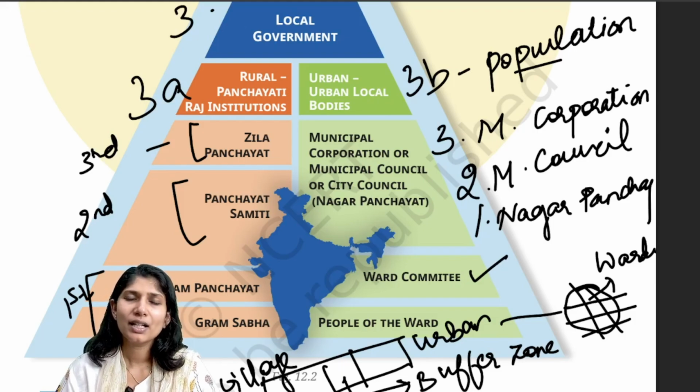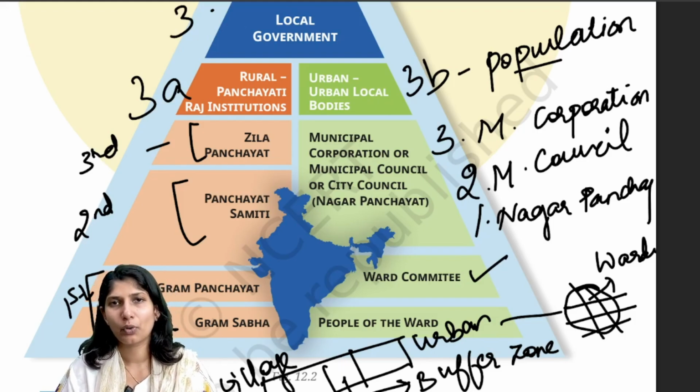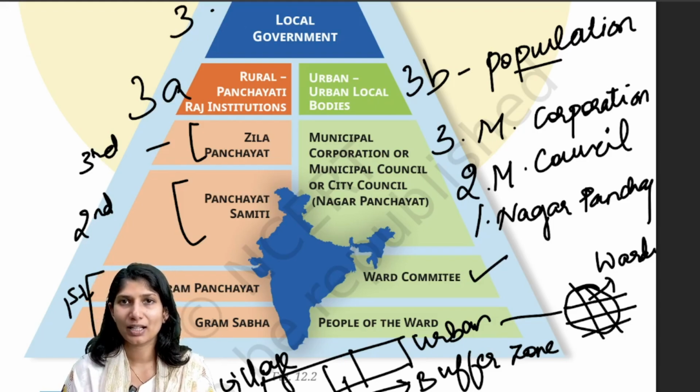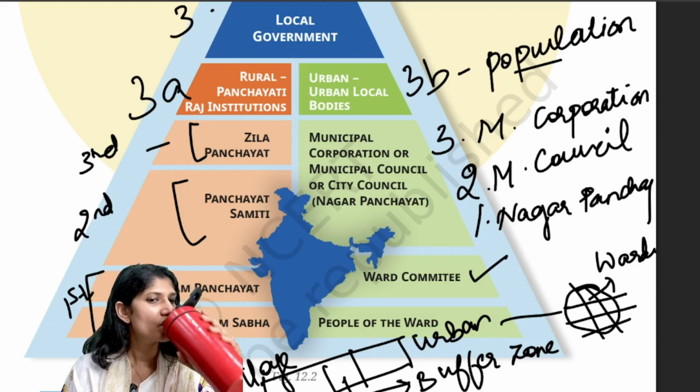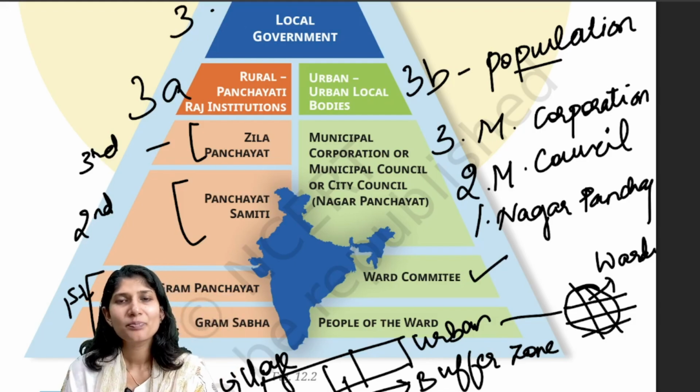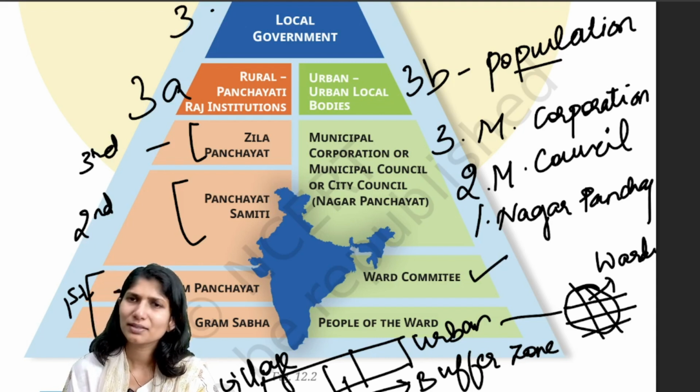Okay, and now let's discuss one main important thing. What is the difference between rural and urban area? See, first and foremost, understand if you are going to categorize something as rural area, let me take it this way.